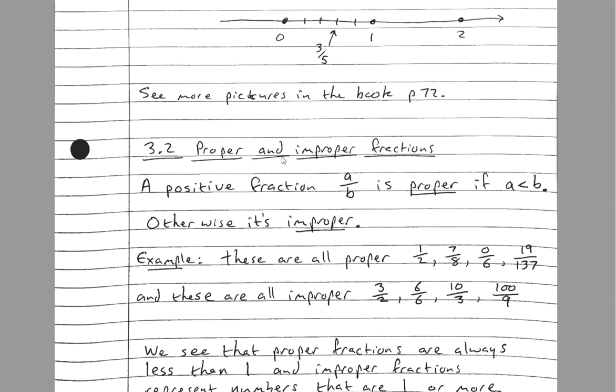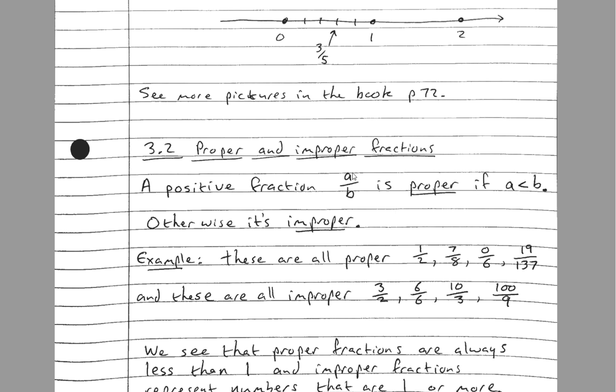Okay, next section, proper and improper fractions. Our fractions look like this again, say a over b. A is the numerator here, b is the denominator. Let's assume these are both positive numbers for now. This fraction is proper if a is strictly less than b.